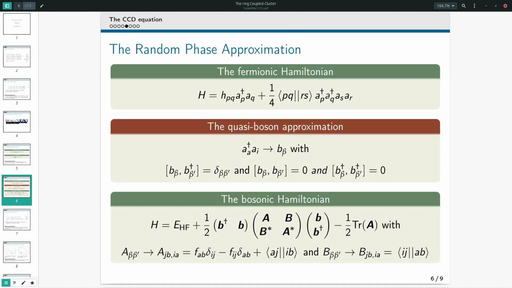For the particle-particle RPA, when there is an instability of the reference, it is known that the instability gives us another reference, but with a symmetry-broken number of particles. So those two types of RPA don't have the same instability.